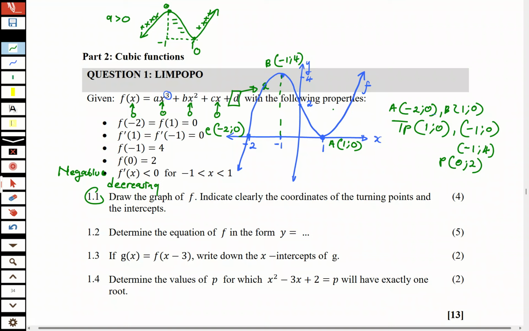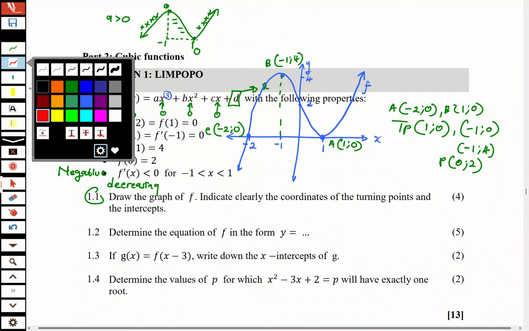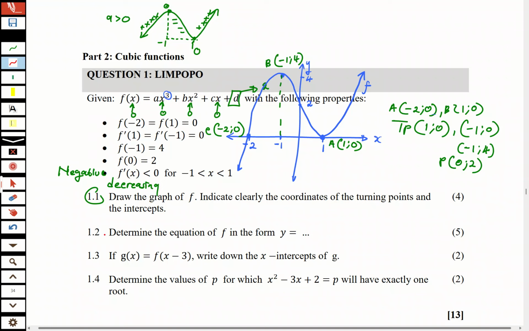So now we are done with the sketch there. Let's take a look at the next question. They say that in 1.2, we have to determine the equation of f in the form y equals. So guys, whenever the roots are known, you use this formula: f of x equals a into x minus x1, and then x minus x2, and then x minus x3.